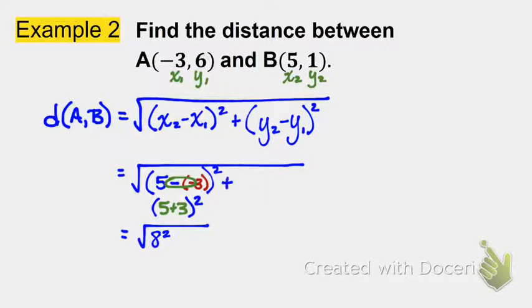And then I need to add the difference between my y values. So that'll be 1 minus 6 squared. So I have negative 5 squared. What's 8 squared? 64. And negative 5 squared? 25.